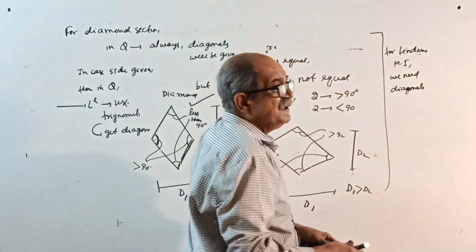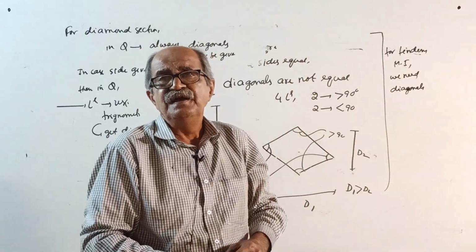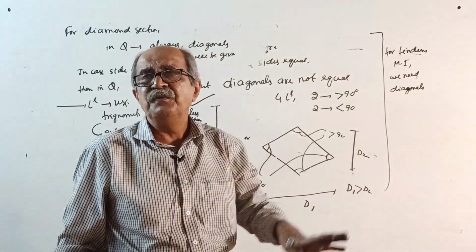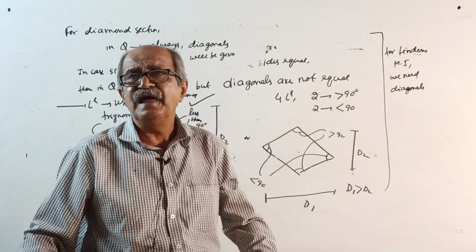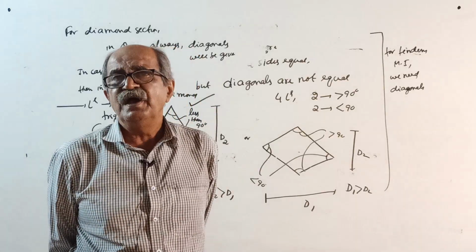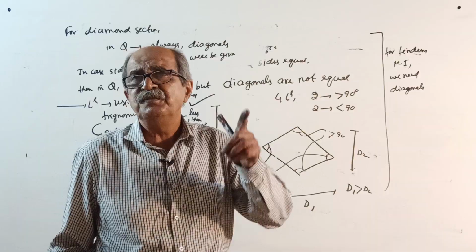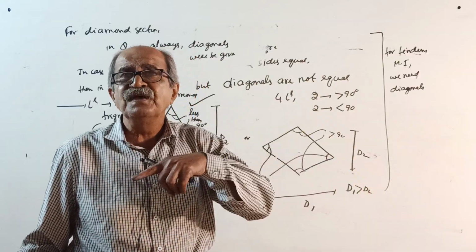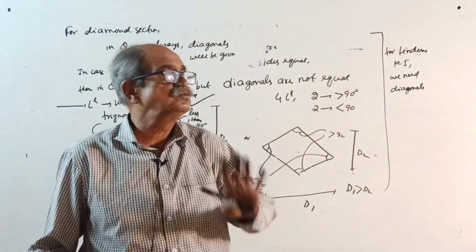So, if side is given, get the diagonal. If it is a rhombus and side is given, directly diagonal equals √2 times side. Whereas if diagonal is given and you want the side, it is diagonal by √2.